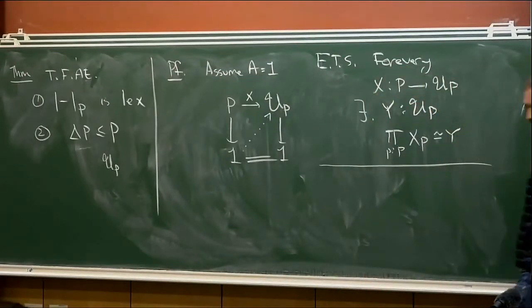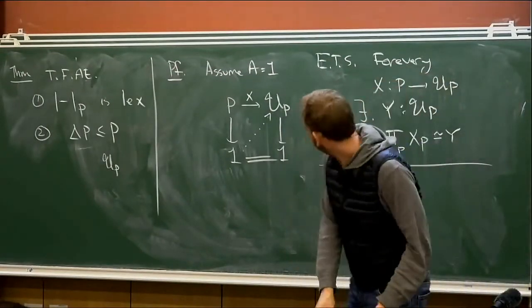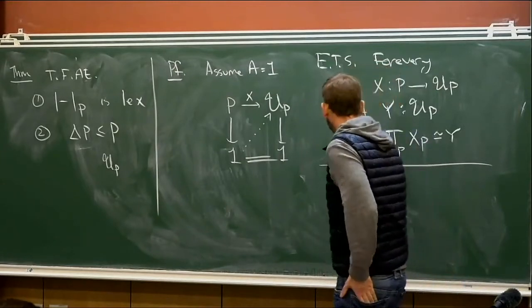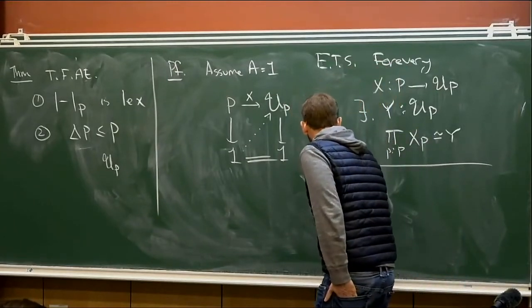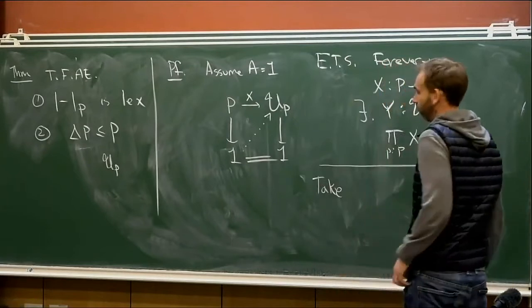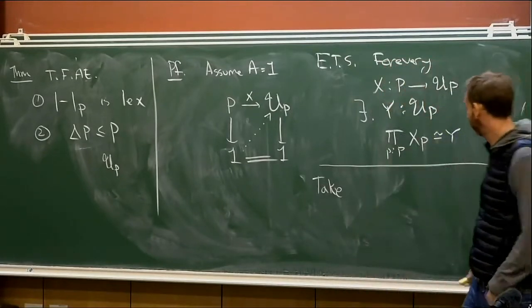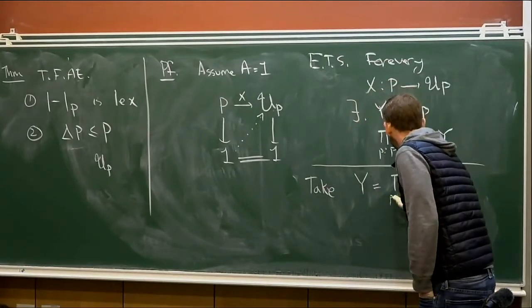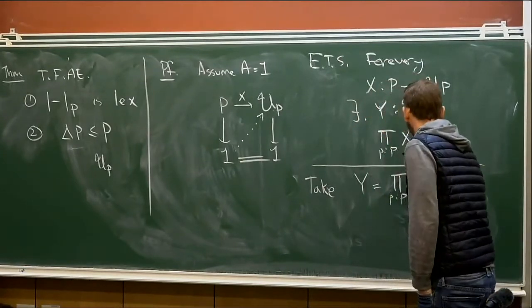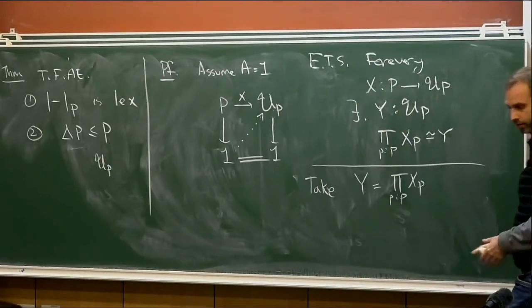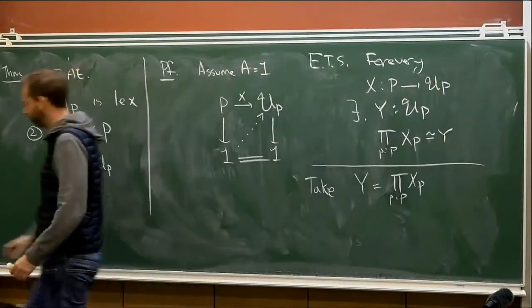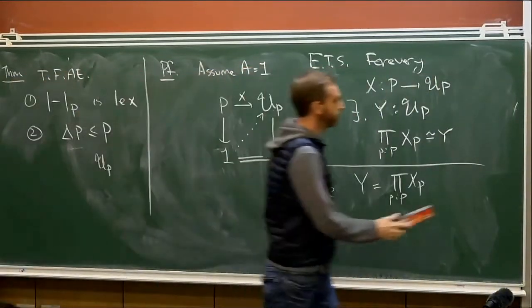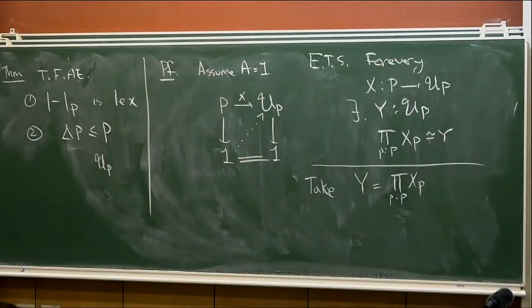How am I going to show this? It turns out that if this is true, there's a necessary answer. There's only one choice. I'm going to take Y to be exactly the space of sections. Then what do we need to show?